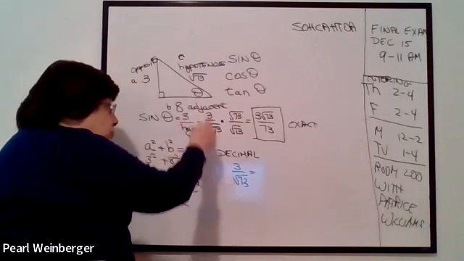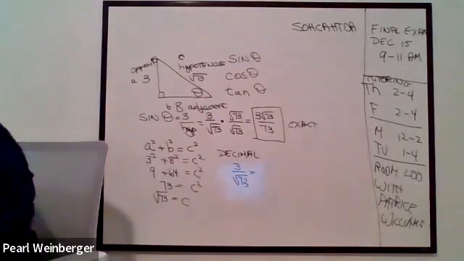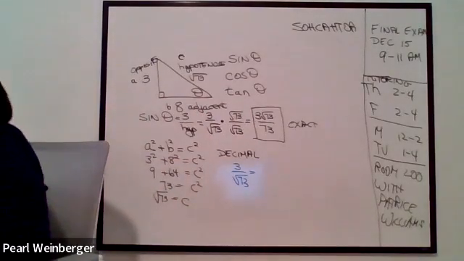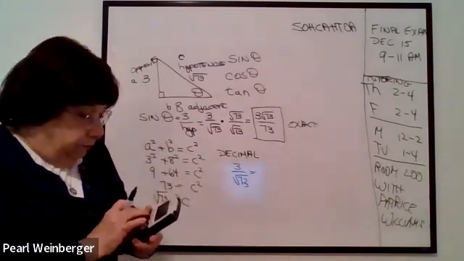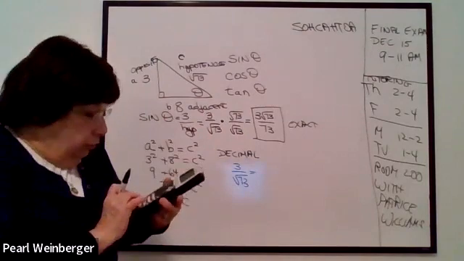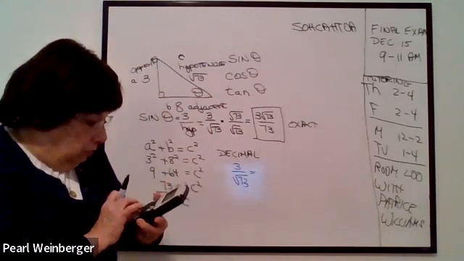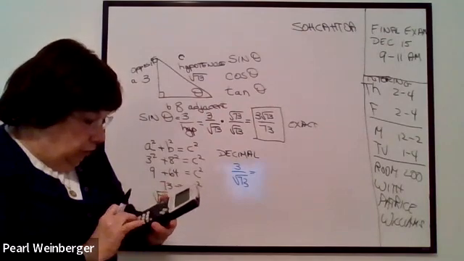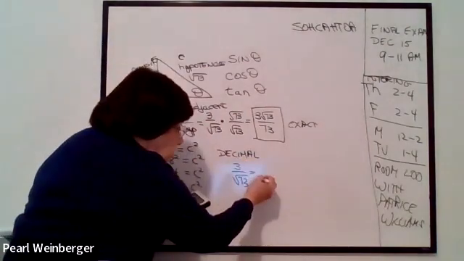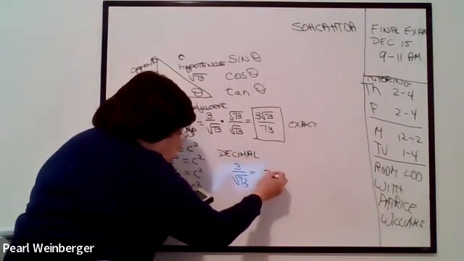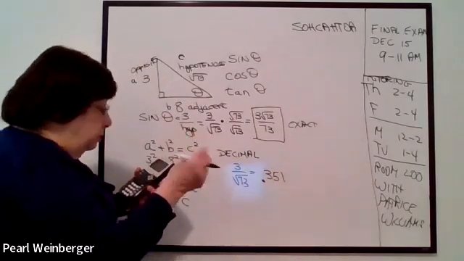I just take the 3 over the square root of 73, take my calculator, and therefore you must have a calculator, and do 3 divided by the square root of 73, which gives me 0.351. Usually they ask for 3 decimal places.